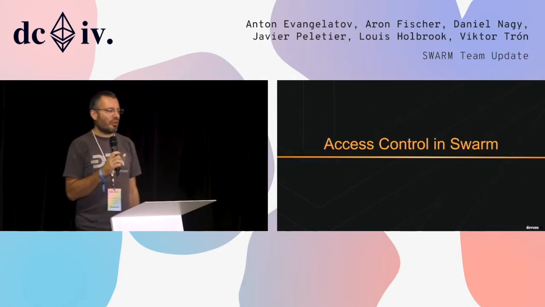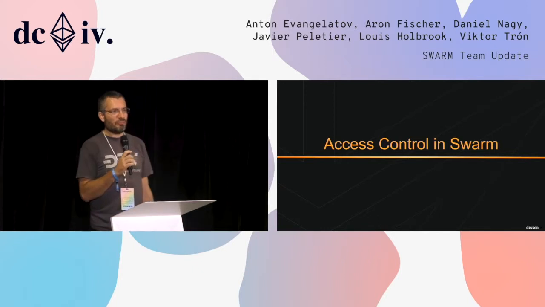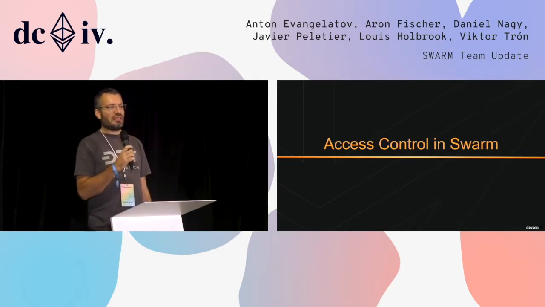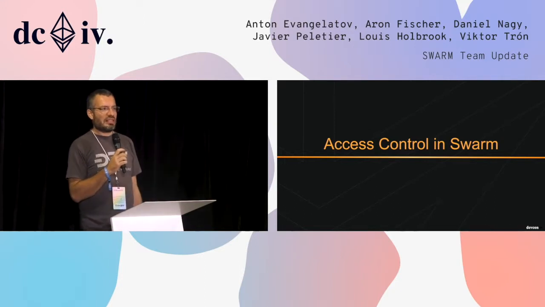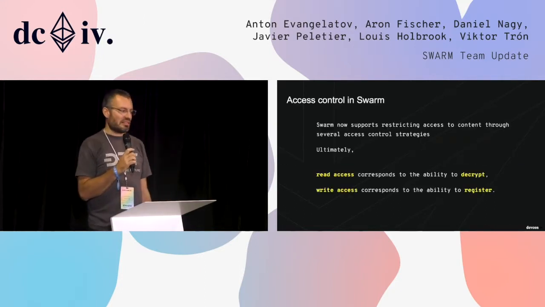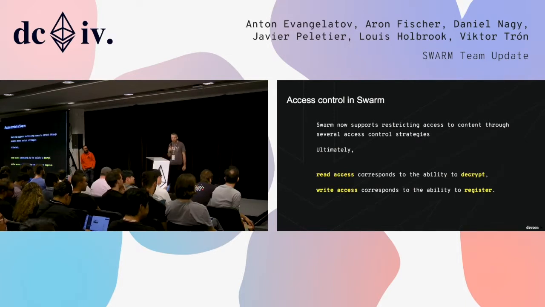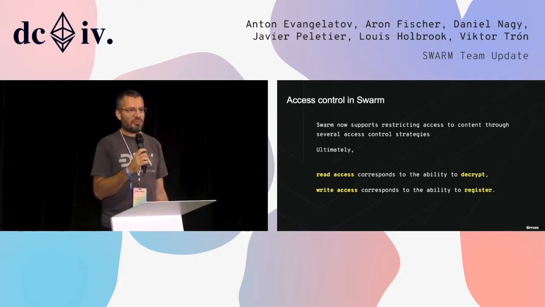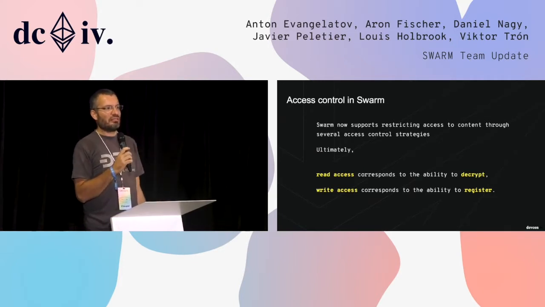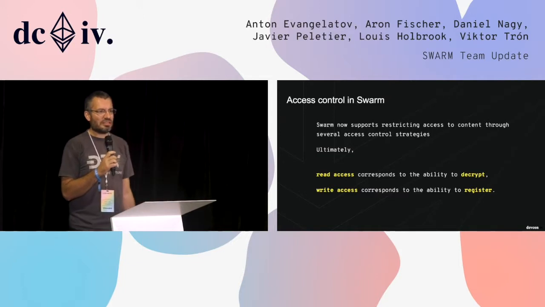So now I'm going to move on to access control in Swarm, which basically boils down to how do you change the sets of users that have access to certain content. It's important to emphasize that in a permissionless, trustless, and distributed system, you cannot really act as a gatekeeper, or you cannot really delegate nodes to act as gatekeepers.